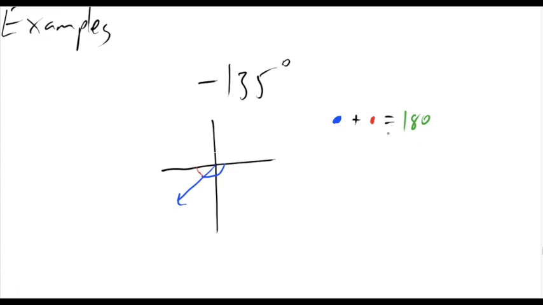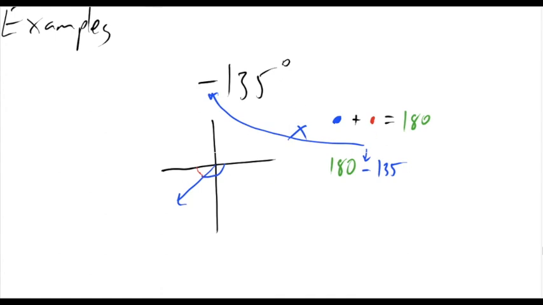That means that if I subtract the blue from this green, so if I take 180 and I subtract the blue, which is 135, note that this negative right here is not this negative. Those are not the exact same negative. This negative is basically saying that I'm taking it away from what would be 180 degrees.